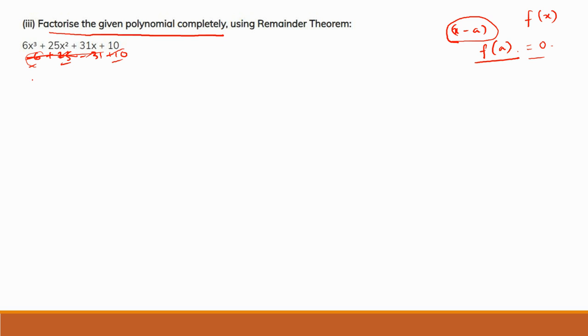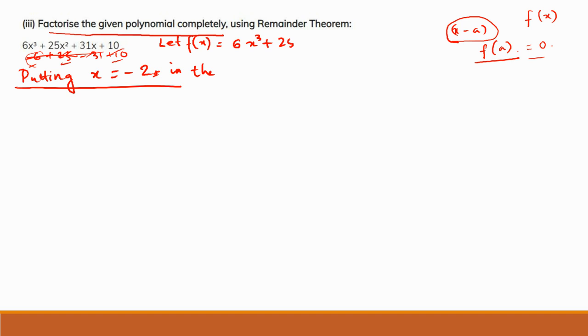Okay, so let's put x equals minus 2 in the expression. First also write, let f(x) equals 6x cube plus 25x square plus 31x plus 10.